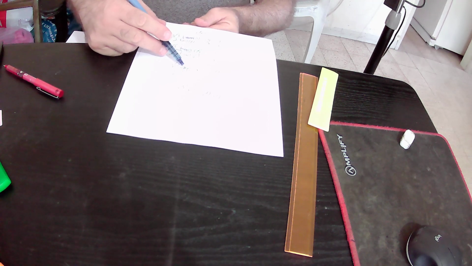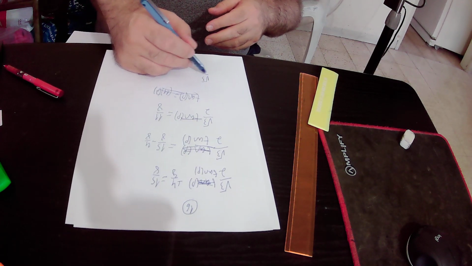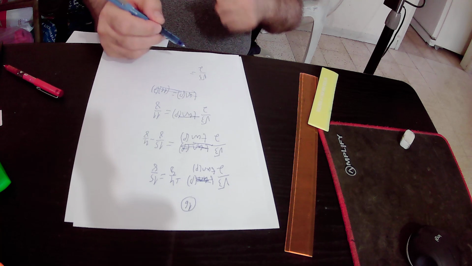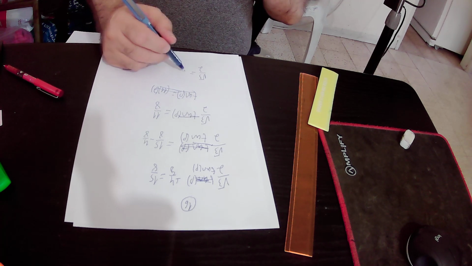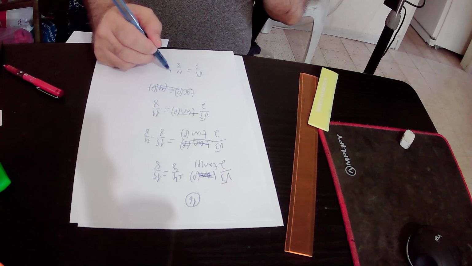Here tangent p was in the denominator, so we will get that root 3 over 2 equals 11 over 8 times tangent p.